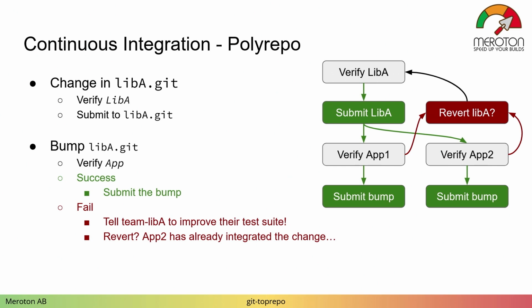So if it fails, then we tell the team for library A to improve the unit test suite, because our test didn't pass, so they are missing some test maybe. We also tell them, please revert that change, because we want all the other fixes that you do in library A. But our sibling team, app2, is already using the new library A, and they can't go back.